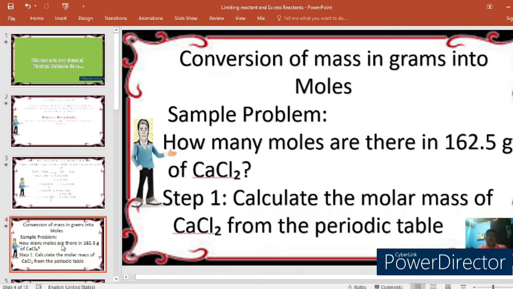Okay, next. Conversion of mass in grams into moles. Sample problem. How many moles are there in 162 grams of calcium chloride? Okay, step 1, we have to calculate the molar mass of calcium chloride from the periodic table.